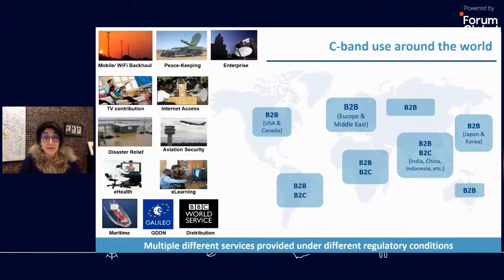So we're talking about peacekeeping, disaster relief, aviation security, and so on. We do see that the usage continues to increase as certain applications are becoming more demanded, especially as usage patterns are changing in the current climate. Next slide.